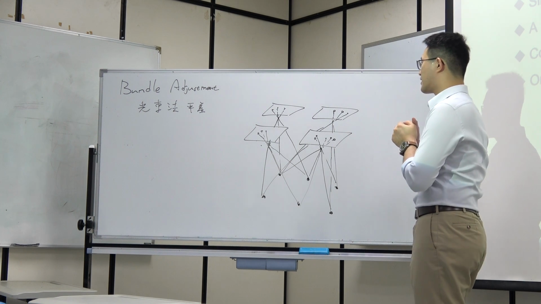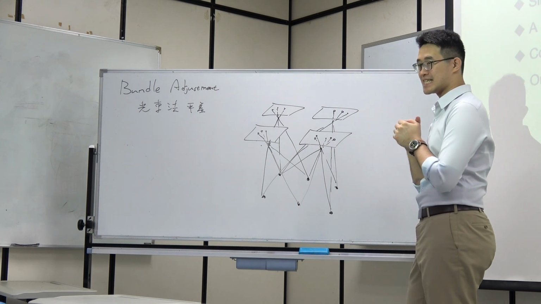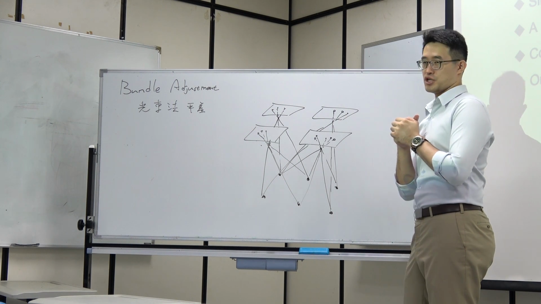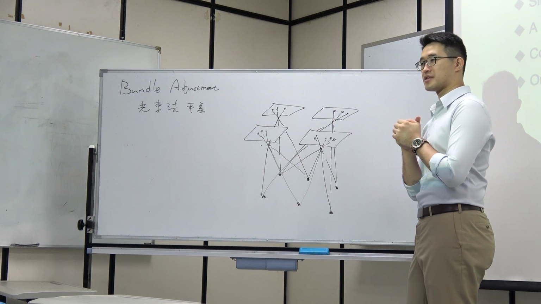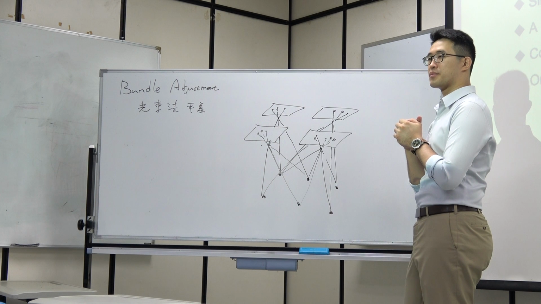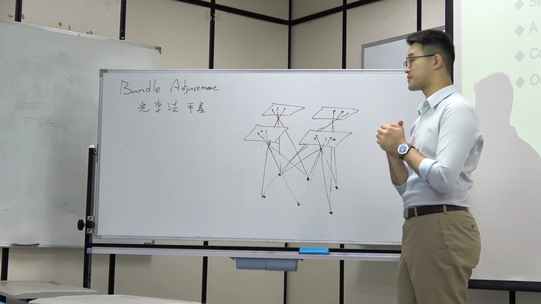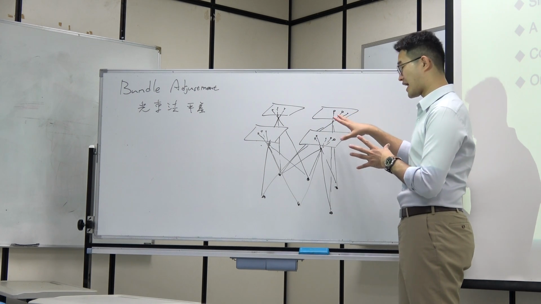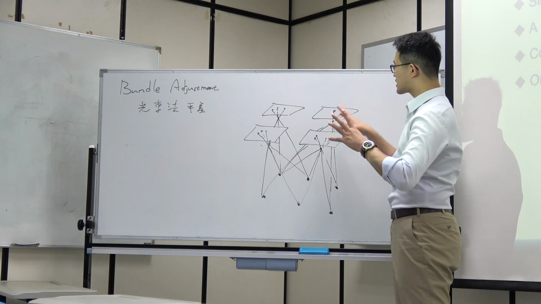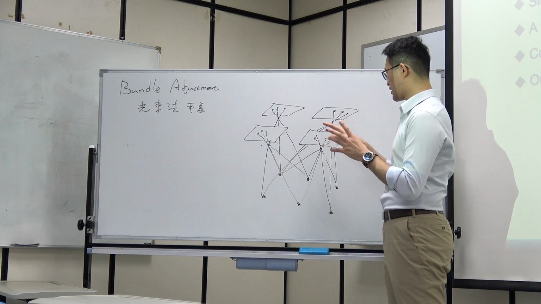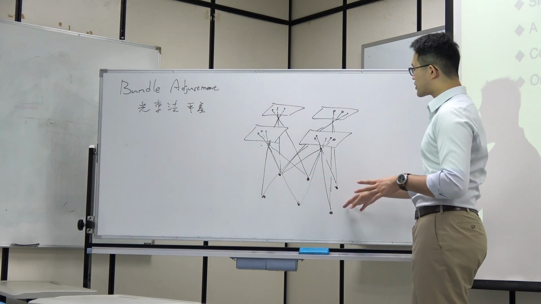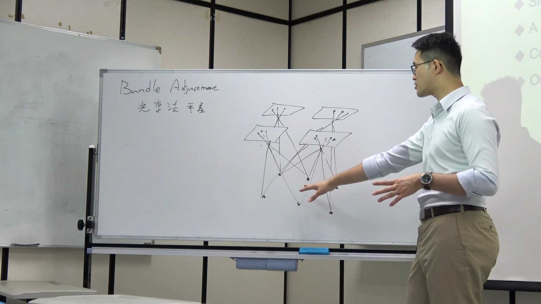So the idea for the bundle adjustment is that you are going to take multiple images, and those images are highly overlapped with each other. As you can see, you are taking multiple images like that. I intentionally drew some feature points in the image space.